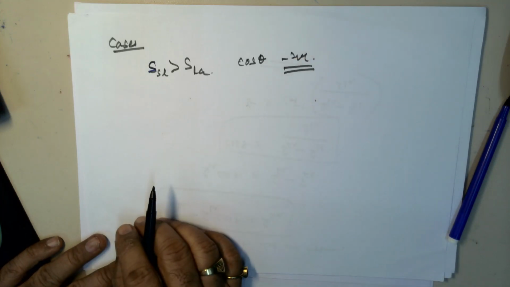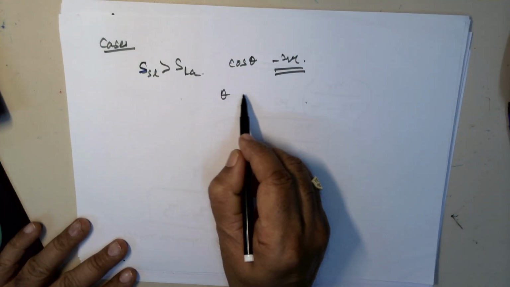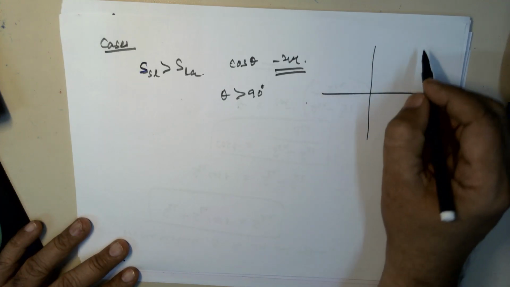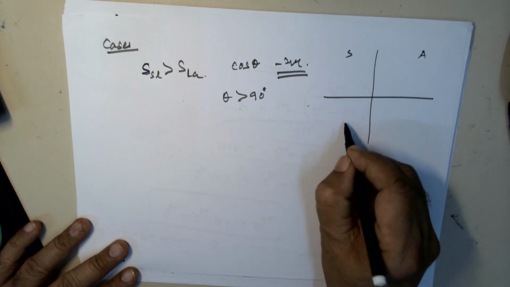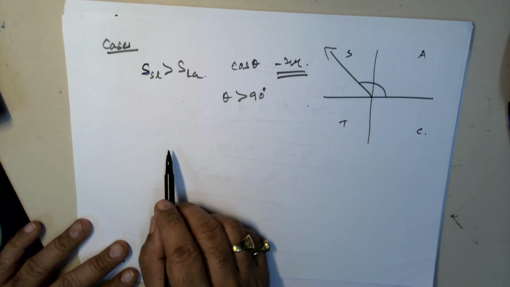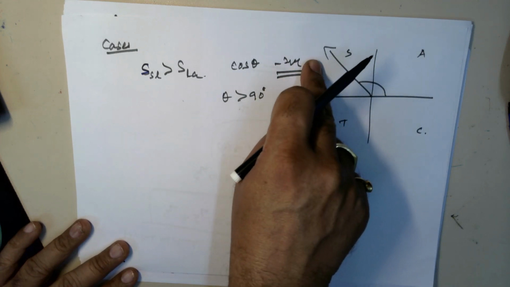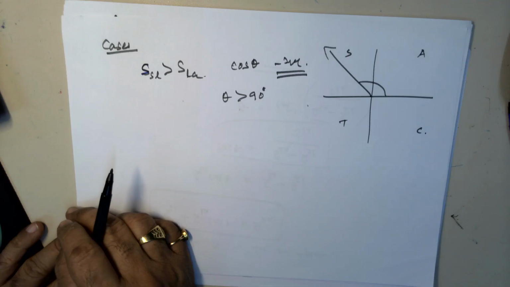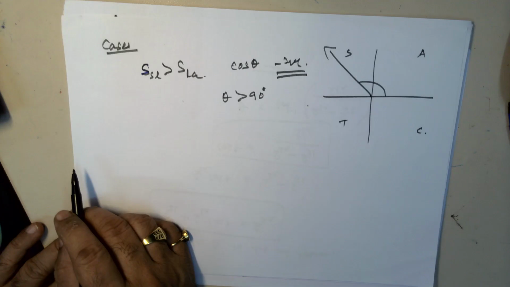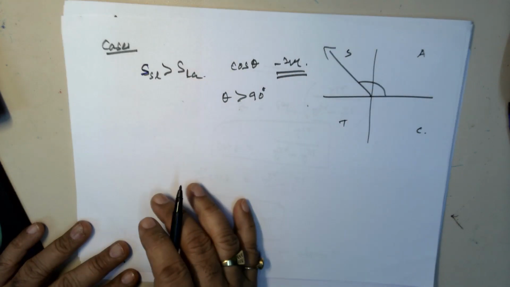Why? Because theta exceeds 90 degrees. When theta exceeds 90 degrees, according to the cosine curve, the cosine will be negative. That is why I put negative. So if the angle of contact is 90 and above, it will be negative.